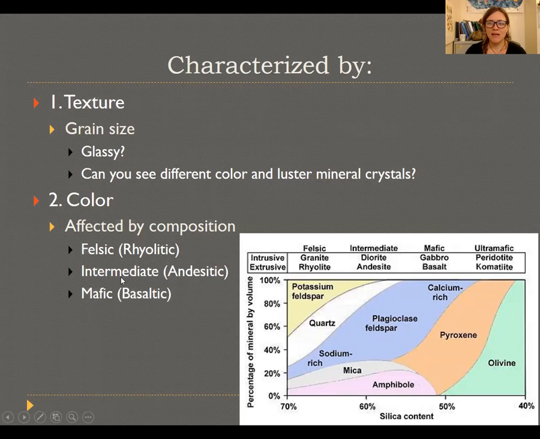And then there are intermediate rocks, which sometimes we refer to as andesitic. Especially for the melts, like the lavas, we can refer to the ones that form these rocks as rhyolitic, andesitic, and basaltic. Anyway, they're going to have an intermediate composition.